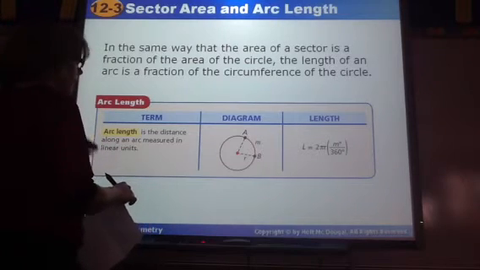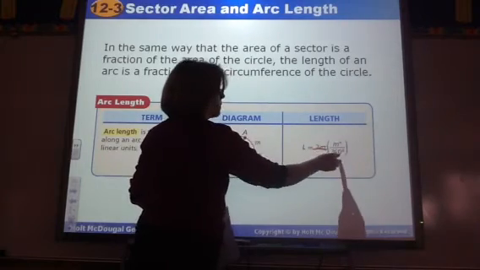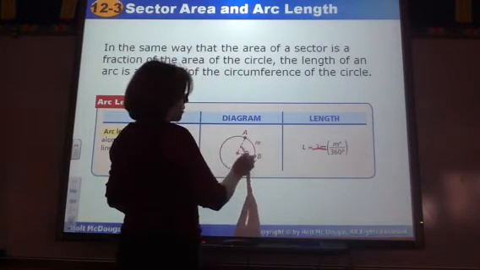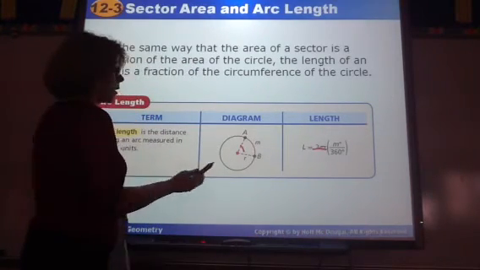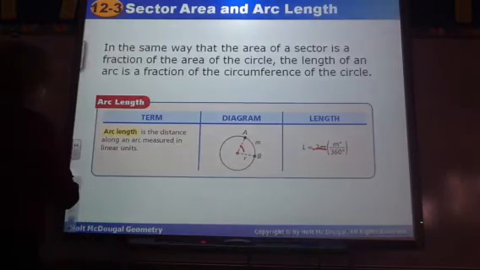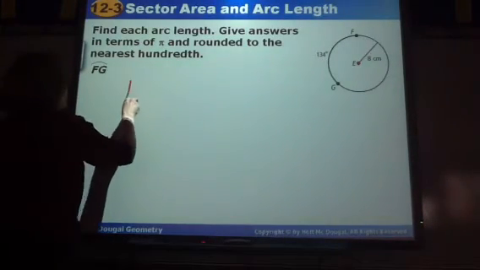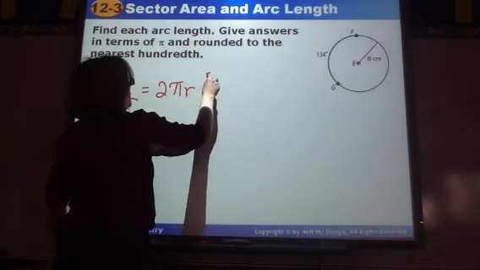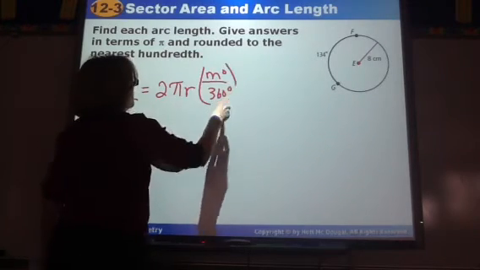Okay, so to find the arc length, what you do is you take the circumference and times it by the central angle measurement and divide by 360. Or that arc measurement and divide by 360. So let's apply this. Okay, so we're finding length, which is your circumference, times the central angle or the arc measurement.